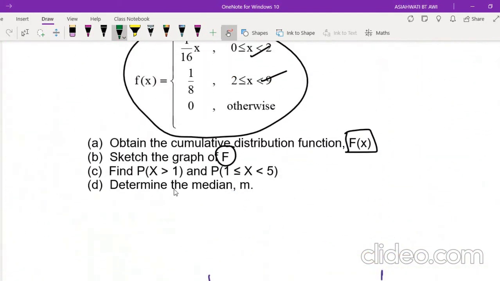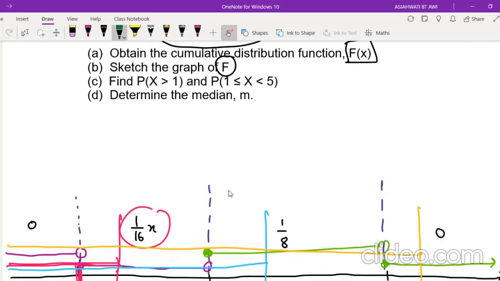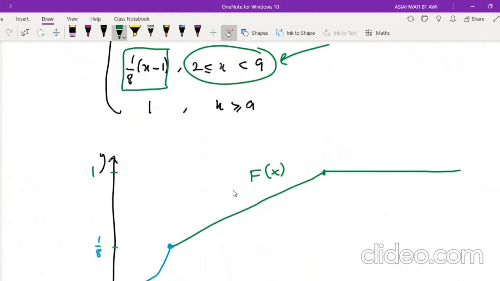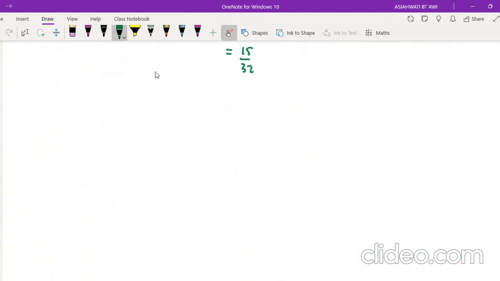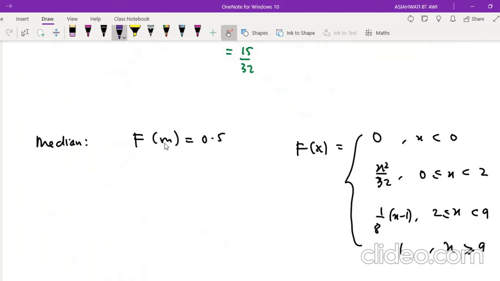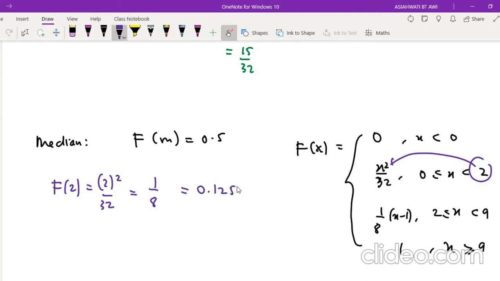The last part is to determine the median. For the median, F(m) equals 0.5. You have to check: substitute 2 here. F(2) is equal to 2 squared over 32, which is 4 over 32, equal to 1 over 8 or 0.125.